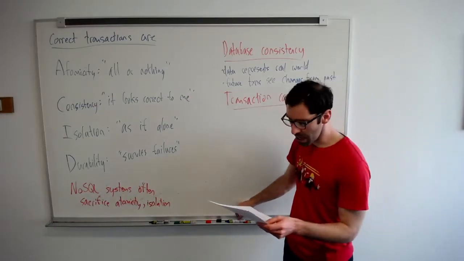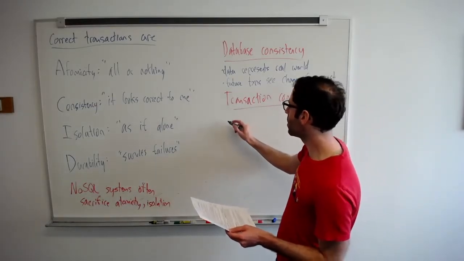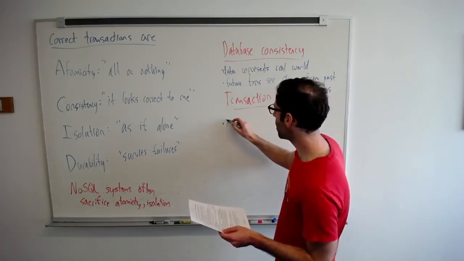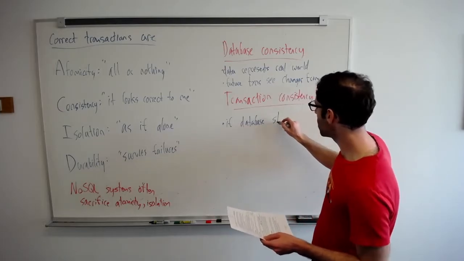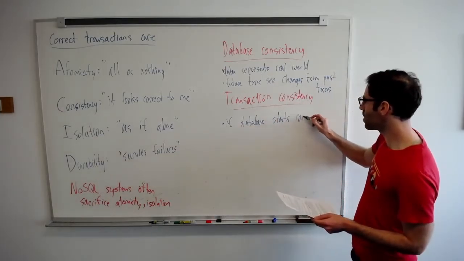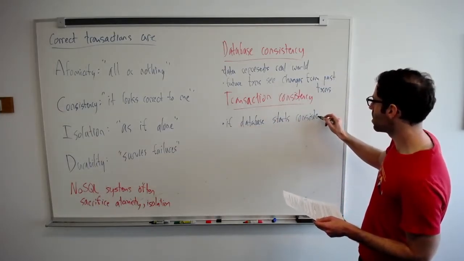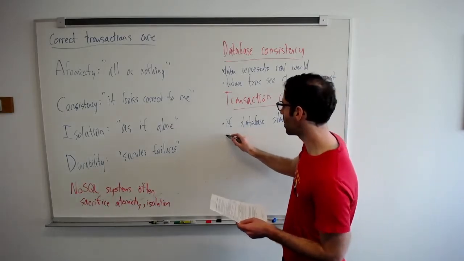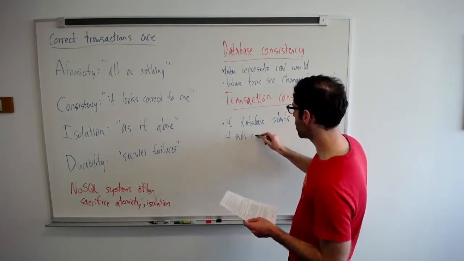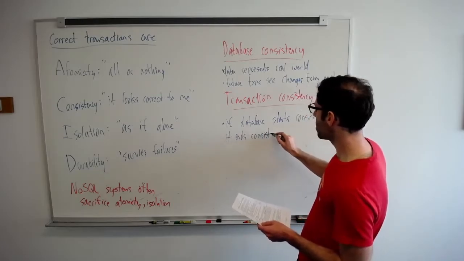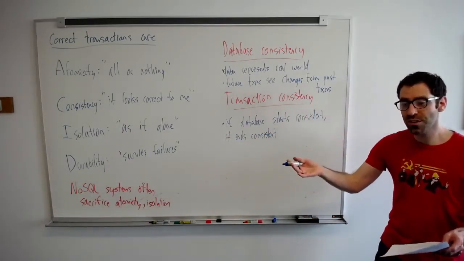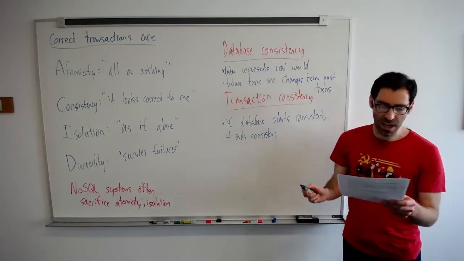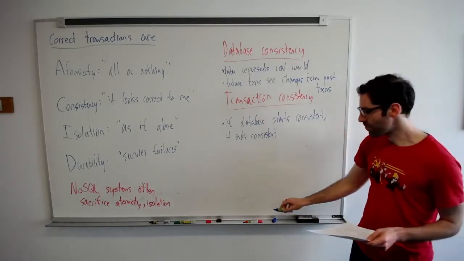Transaction consistency is that if the database is consistent at the start of a transaction, then it should be consistent at the end of the transaction.